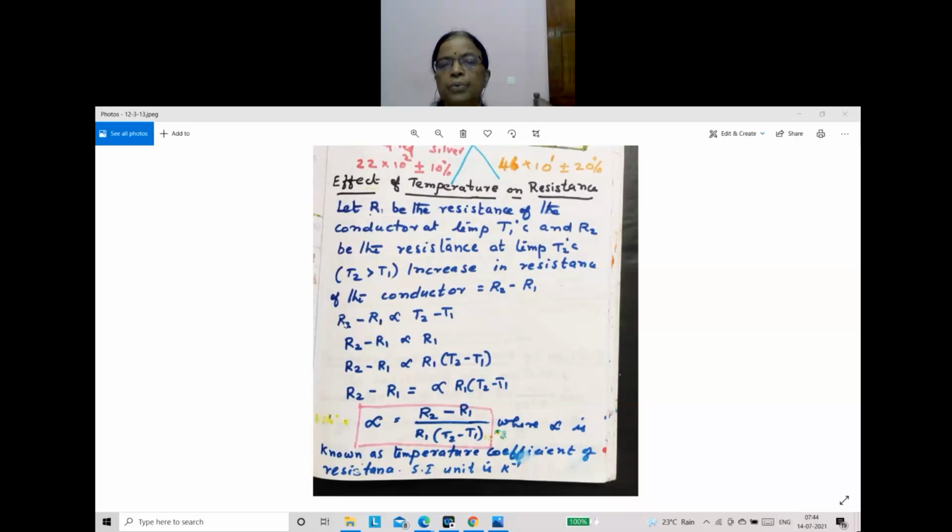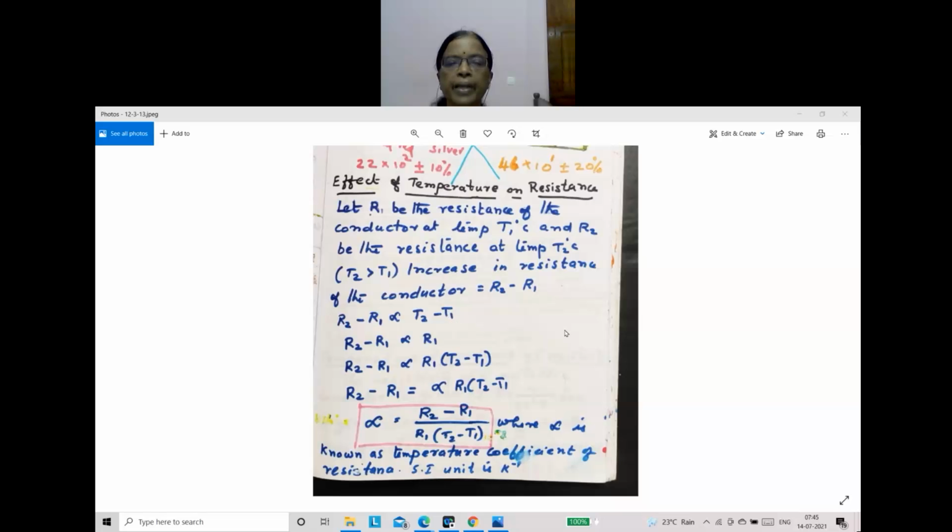So R2 minus R1 is directly proportional to the temperature difference. For example, initially 0 degrees heated to 50 degrees Celsius, a difference of 50. In the next case, initially 0 heated to 100 degrees Celsius, so the temperature difference is 100. Then the increase in resistance is also greater.